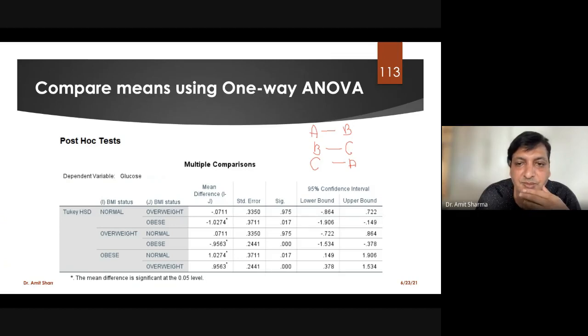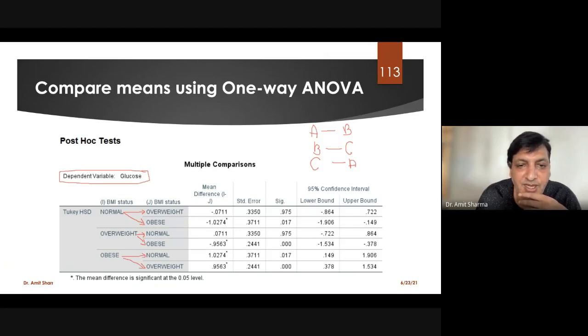So from this table, what we are going to take is the data of glucose, which was the dependent variable. The normal group was compared with two groups, overweight and obese. In the same way, overweight was again compared with normal and obese, and obese was compared with normal and overweight.